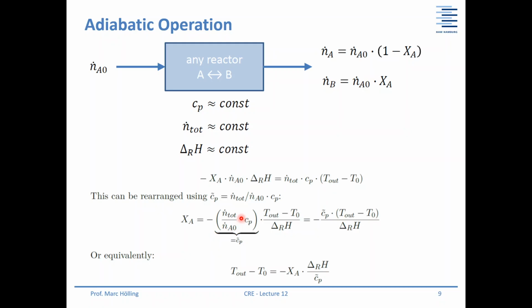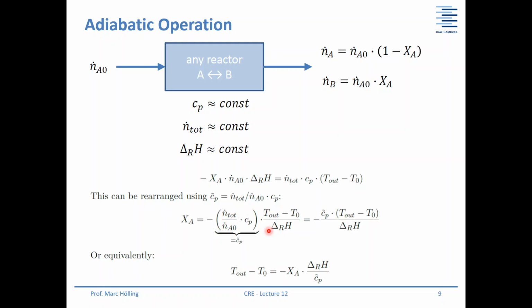Okay, this means if you have a lot of solvent, or a lot of inert material in this reactor, then this value here would become rather large. If you only add your component A to your reactor, then this would be the same as the total mole flow, and this ratio here is just 1.